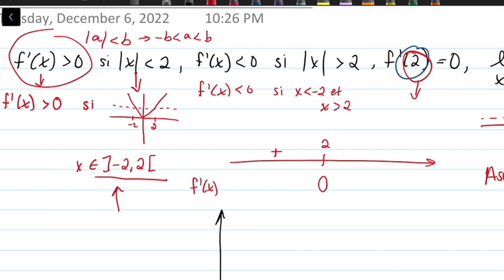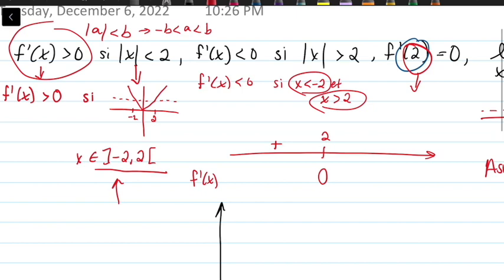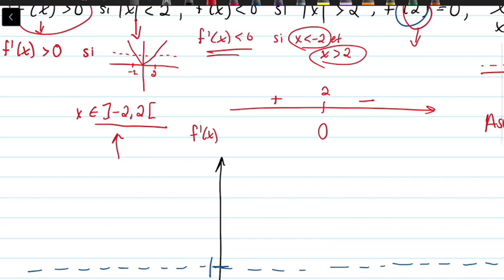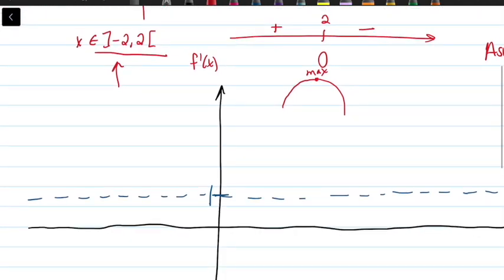And quand la valeur absolue de x est plus grand que 2, which means x plus petit que moins 2 ou plus grand que 2, it's going to be negative here, because it says it's negative. So what does that mean? If it's positive, then negative, so croissant and then décroissant. That means the point at 2 is a max. We're not really sure what that would be, but I'm just going to put a 2 here, and it will probably be somewhere here. We'll just guess. Doesn't really matter.